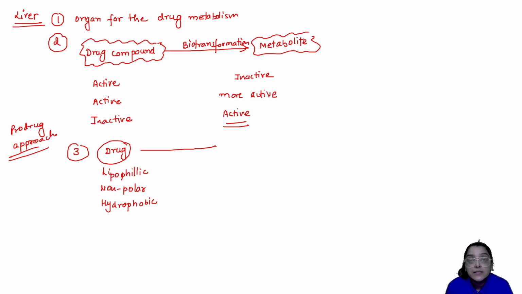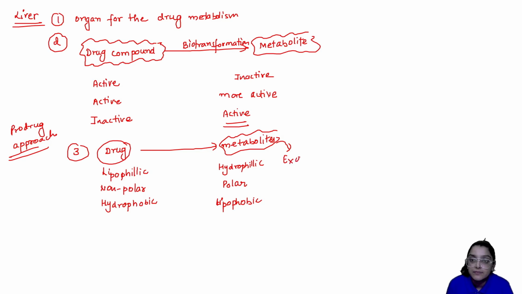These are converted into metabolites which are hydrophilic, which are polar, and lipophobic, so that they are excreted faster. This is the whole concept behind it. But sometimes exceptions do lie, where the metabolite gets more active than the parent compound.